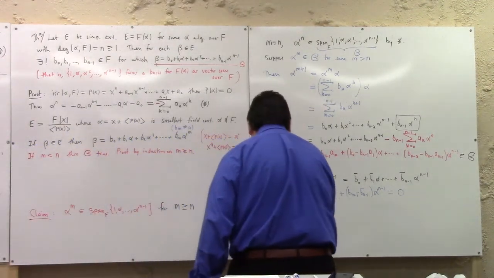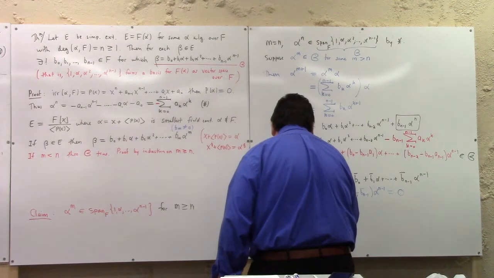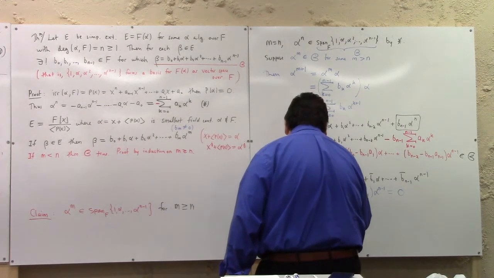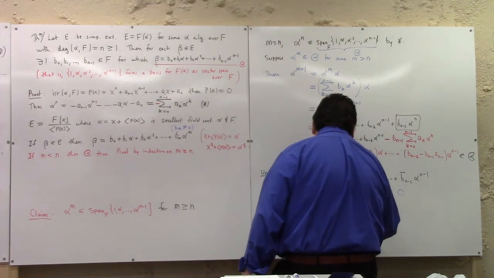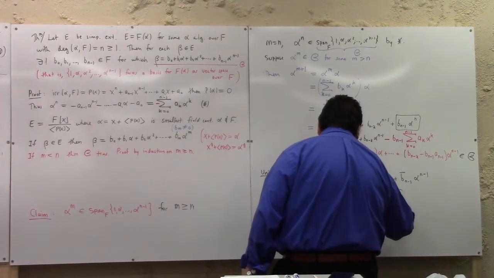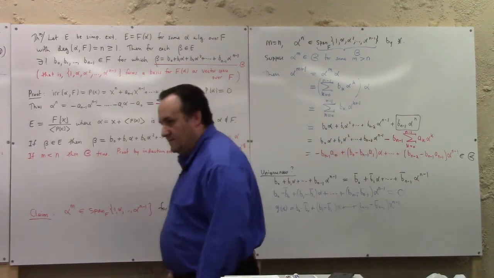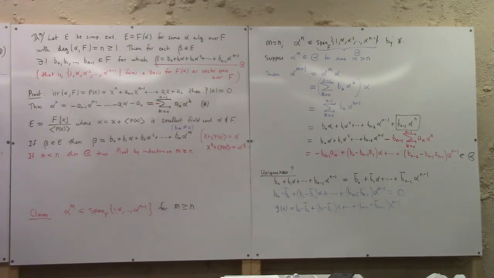That suggests we can look at g of x equals b0 minus b0 bar, plus b1 minus b1 bar times x, up to b n minus 1 minus b n minus 1 bar times x to the n minus 1. And what is that? That is a polynomial, which takes alpha as a 0. What's its degree? Its degree is n minus 1.